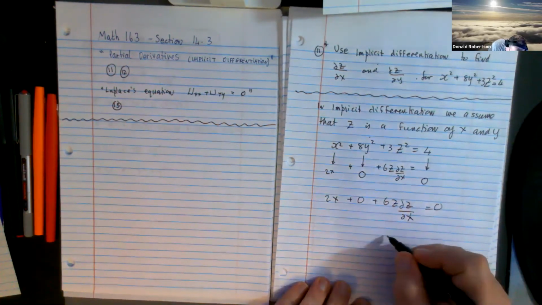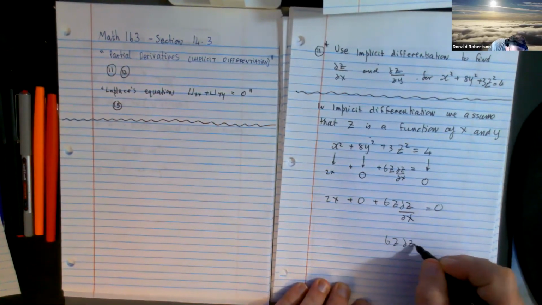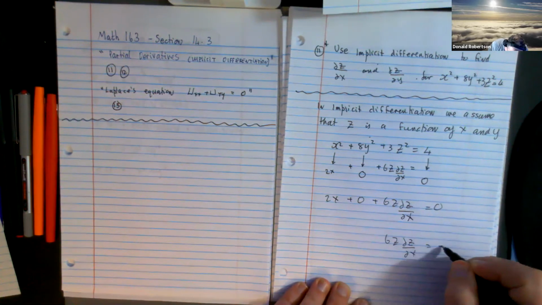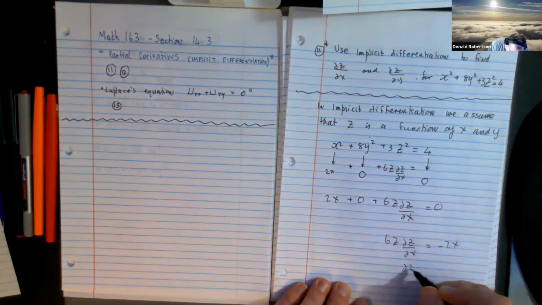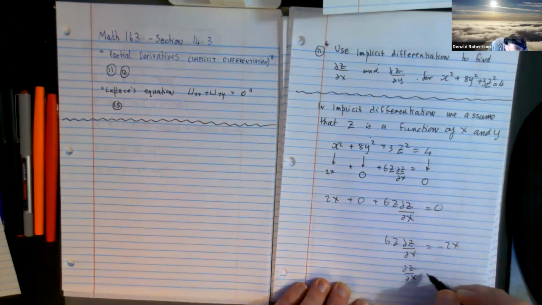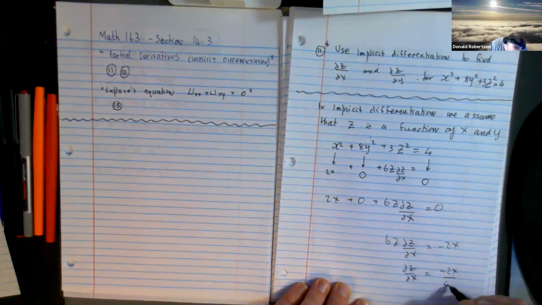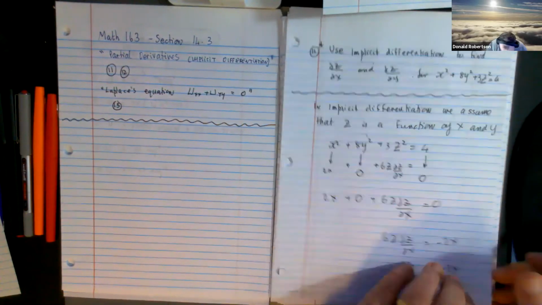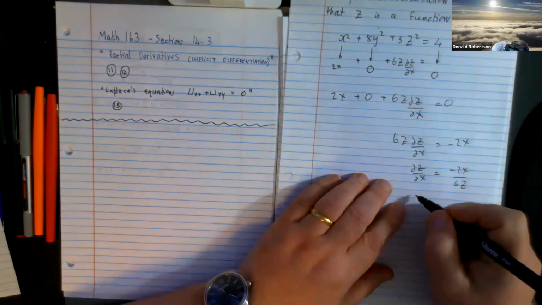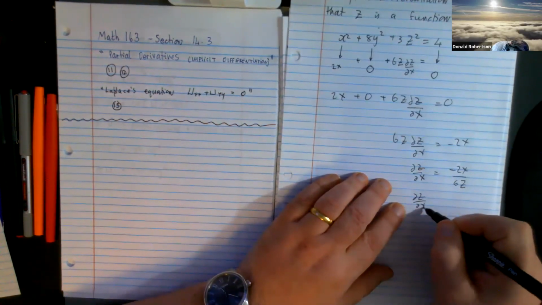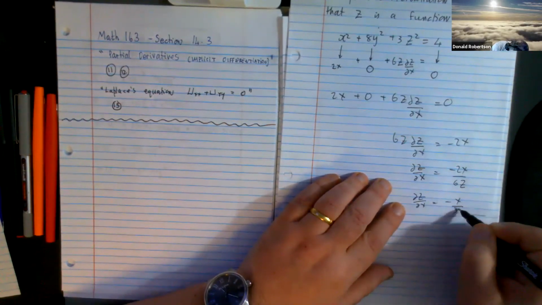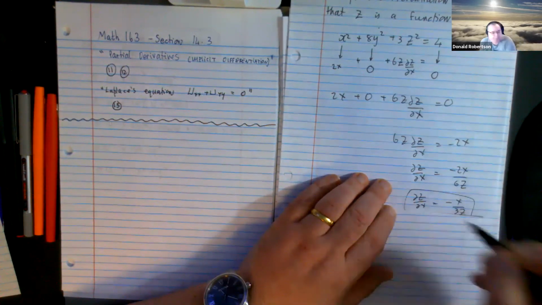In this case, I'm going to subtract 2x from both sides and then divide both sides by 6z. And if, as happens here, I can make it a little bit prettier, I shall. And that's the answer.